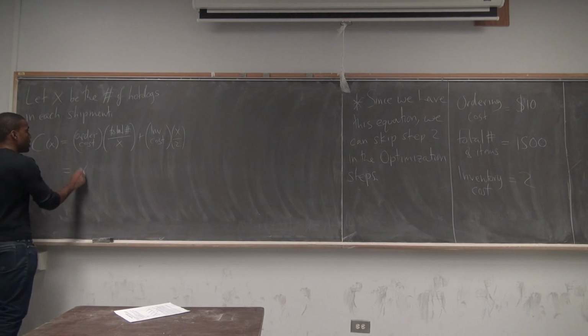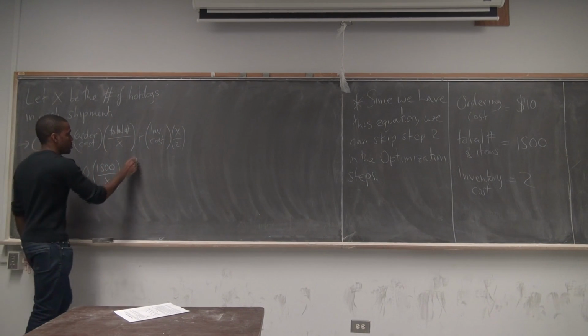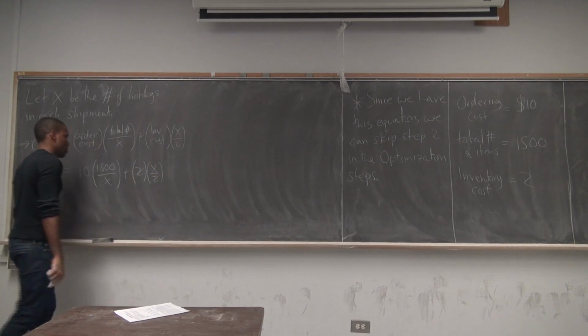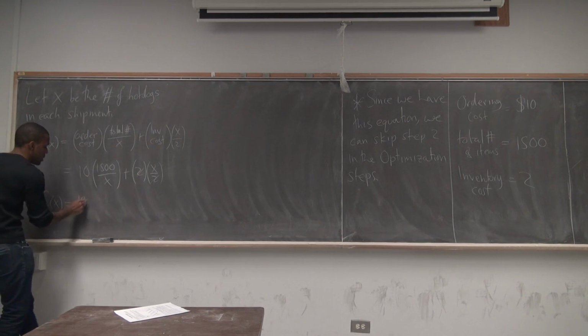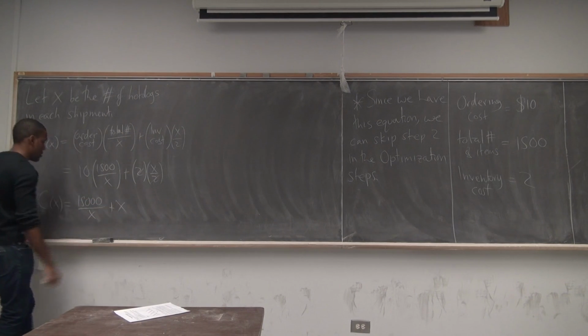My order cost is 10 times 1,500 over X plus inventory cost is 2 times X over 2. So this means my cost function is going to be 15,000 over X plus X.